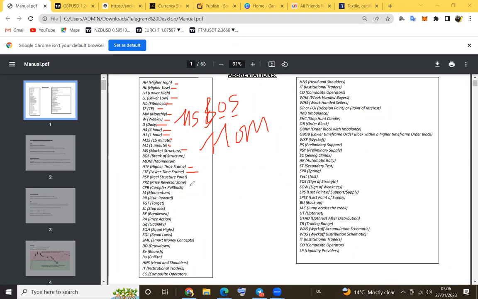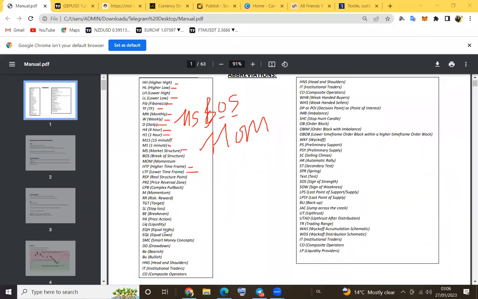You are going to see complex pullback. M can also still mean momentum. RR means risk reward. TGT means target. SL means stop loss. BE means break even. PA means price action. LIQ means liquidity.